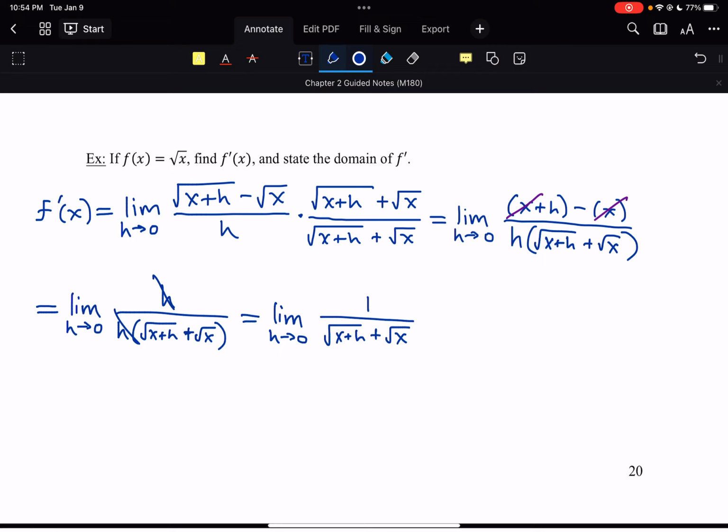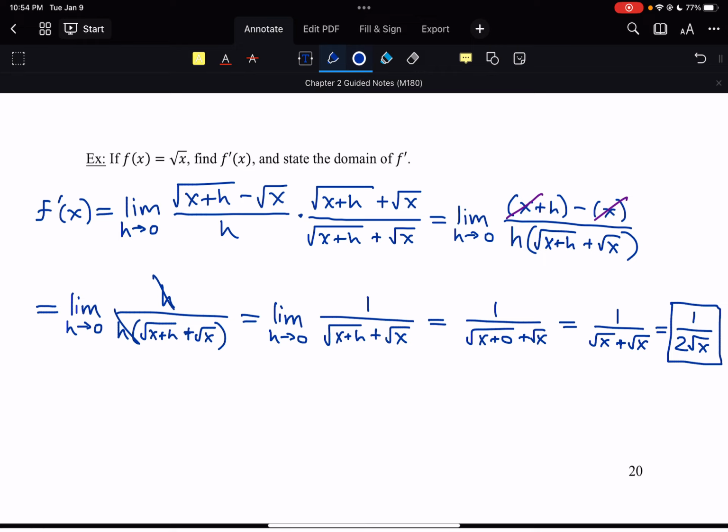Now we can do direct substitution. So this is 1 over rad x plus 0 plus rad x. So that's 1 over rad x plus rad x. Or just 1 over 2 rad x.